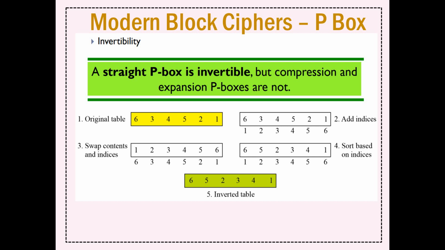So you can see a straight P-box is invertible, but compression and expansion boxes are not. We will soon find why they are not. We'll use another example. You can see the original table has, suppose it is a P-box, some example: 1, 2, 3, 4, 5 and 6 are arranged in this order. Now, if we add the indices, like how they are being mapped, and if we rearrange and sort accordingly, you will see that the final result also has the same set of elements as the initial one.